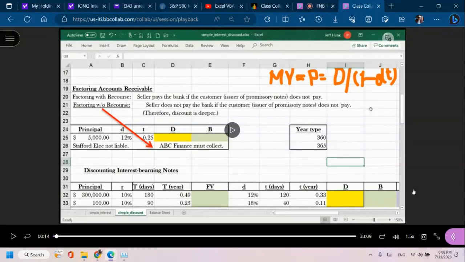And so today, then, we're going to look into a couple of other examples of how interest-bearing notes can be discounted. The previous example was about non-interest-bearing notes.